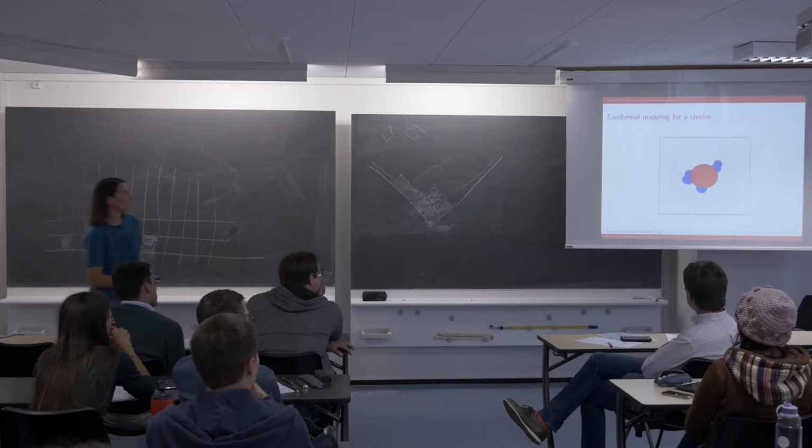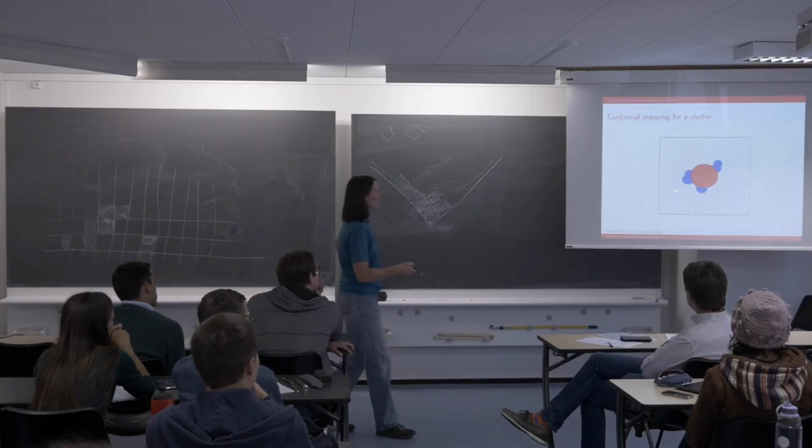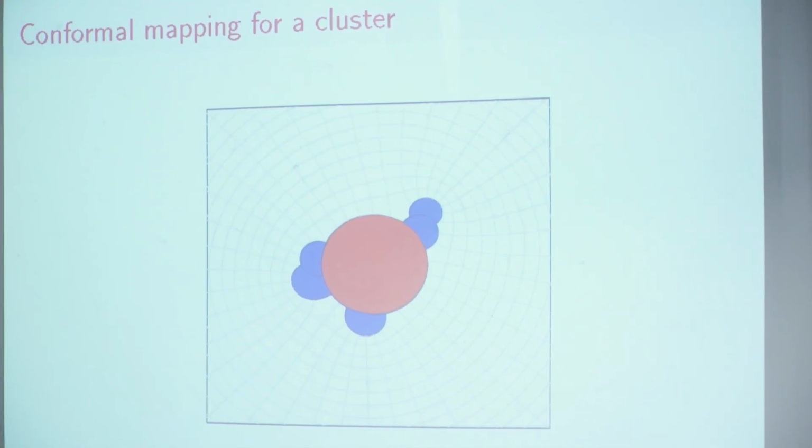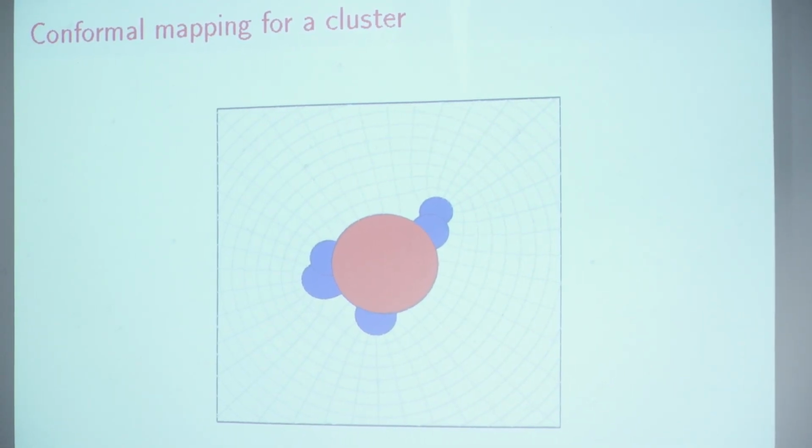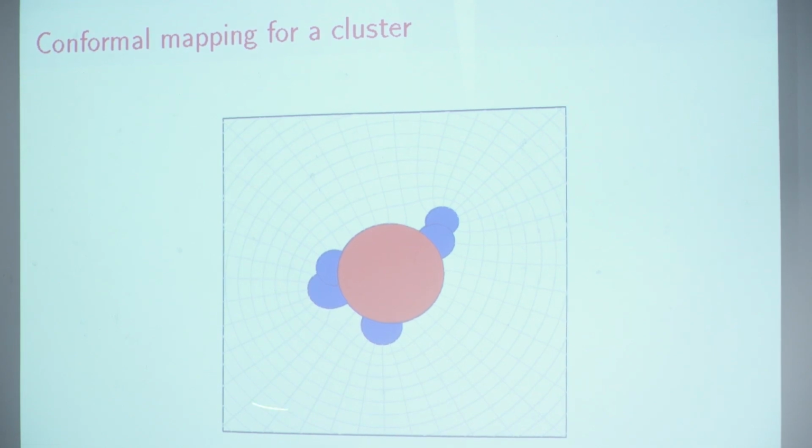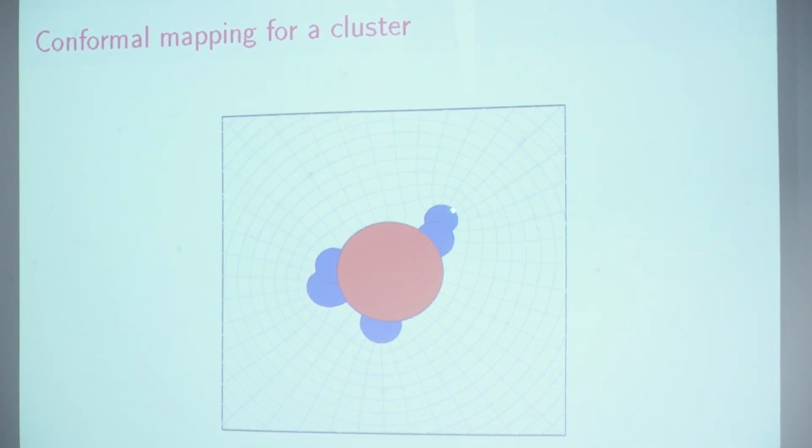And we can do it for whole clusters as well. So here's a cluster with several particles, and what I've drawn here is the mapping, again, from the exterior disk to the exterior of this cluster. And again, you can see, this is pretty distorted, but it's still a conformal mapping. These rays are still preserving angles.